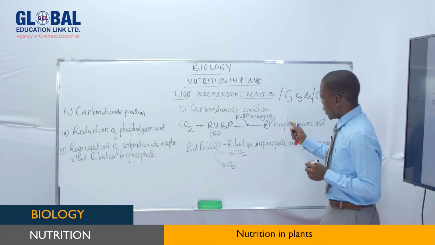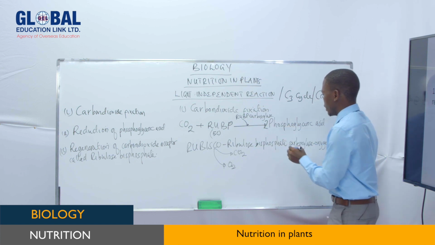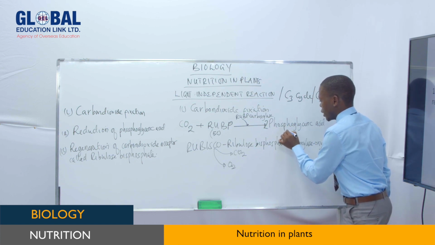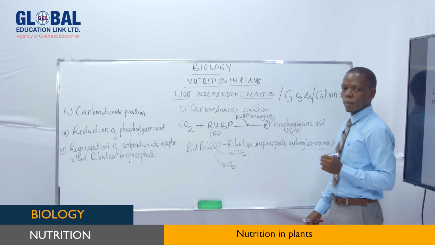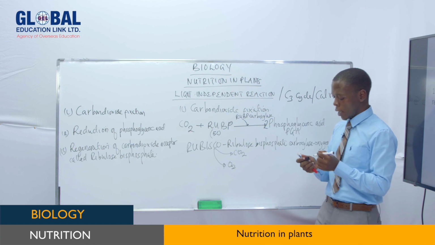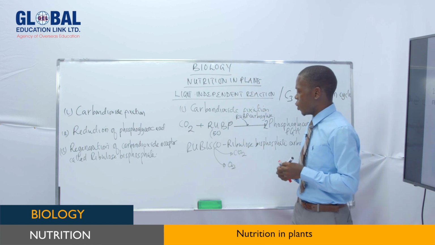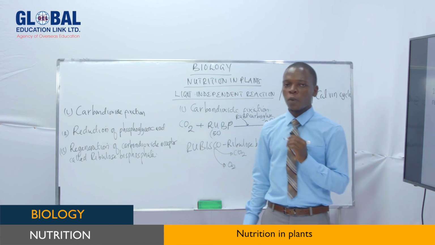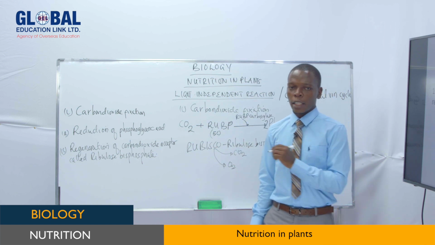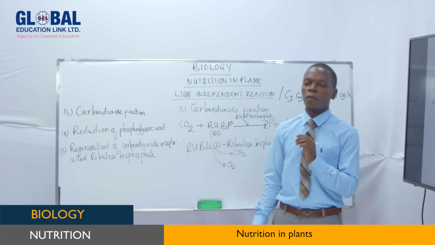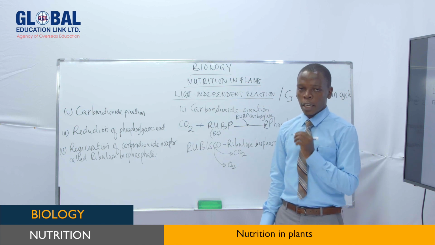The short form of phosphoglyceric acid is written as PGA. The formation of phosphoglyceric acid marks the end of the first stage of light independent reaction.